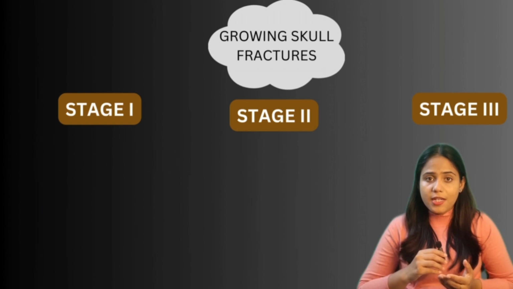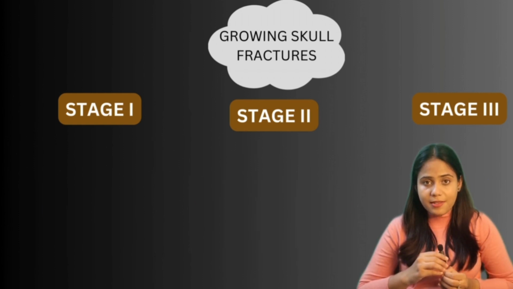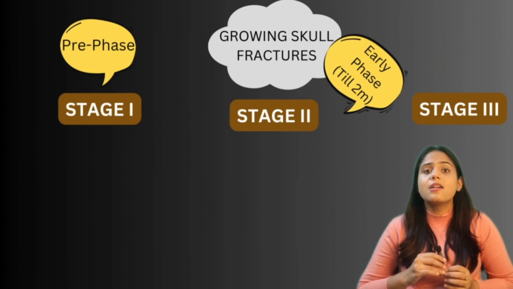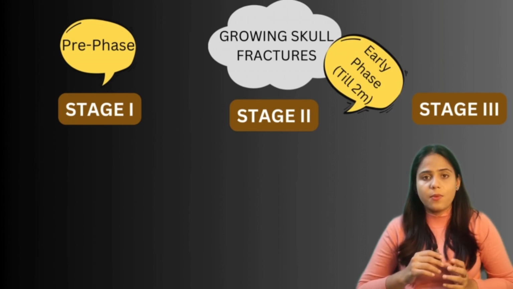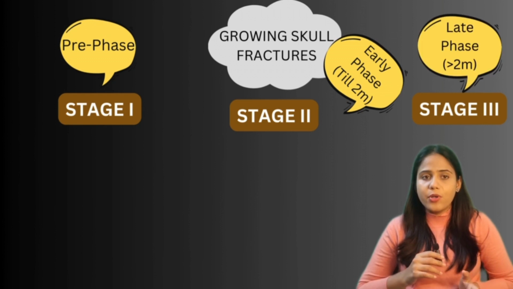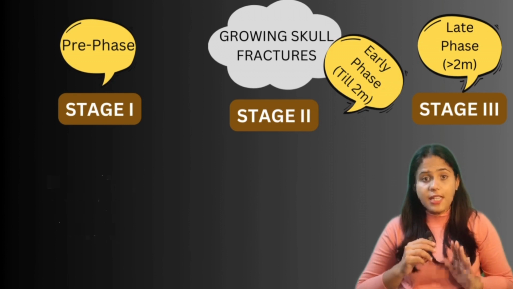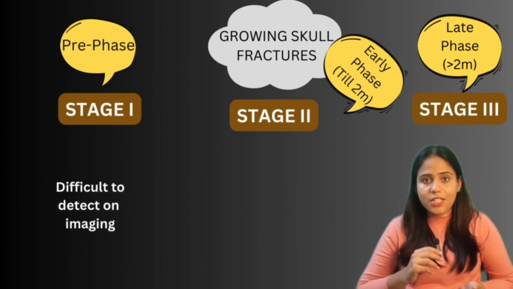Now, stage 1 is also known as the prephase. Stage 2 is known as the early phase, which lasts for up to 2 months from the point of injury, and beyond 2 months from the point of injury is stage 3, which is also known as the late phase. Now, stage 1 defects are difficult to detect on imaging.